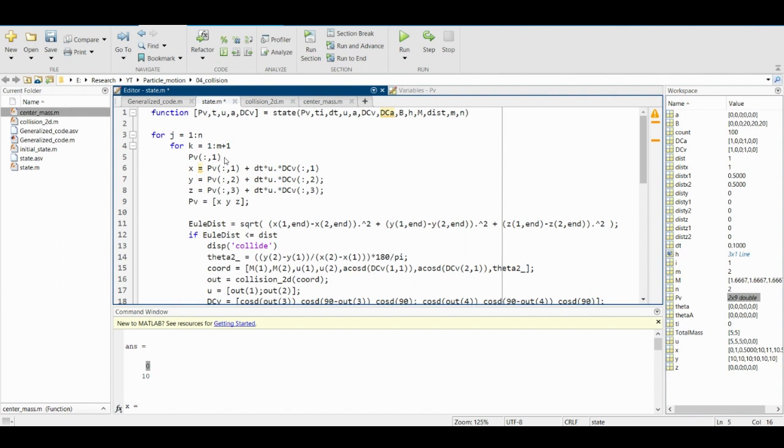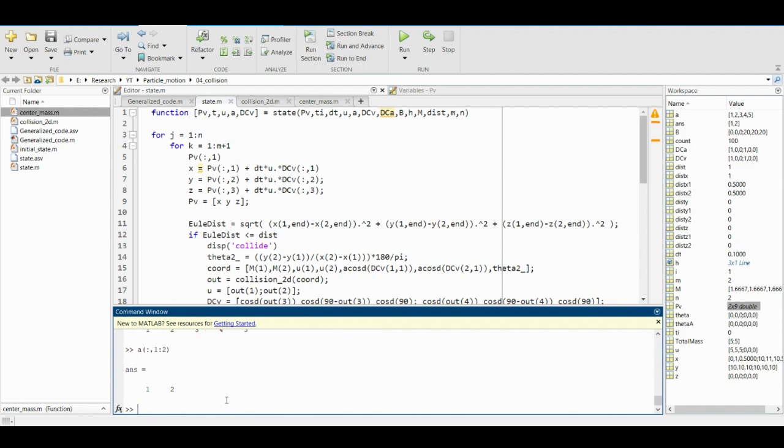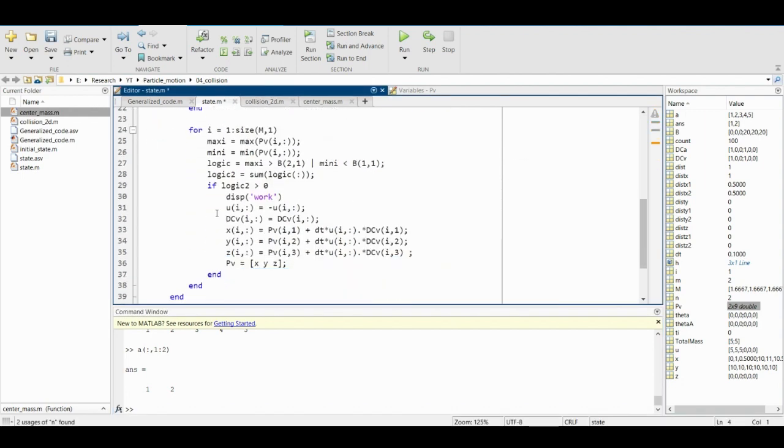So first I have changed on 1, 2, 3. Let me see one thing. A is equal to 1, 2, 3, 4, 5. A 1, 2, 2, comma. Row cannot be like this. First it could be all comma 1 to 2. Okay, I can do it like this also. So I don't need to do that, so I don't need to go for k.